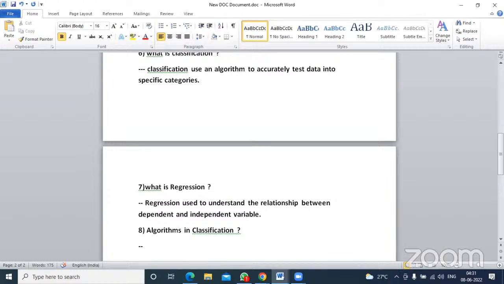What are the algorithms used in classification?